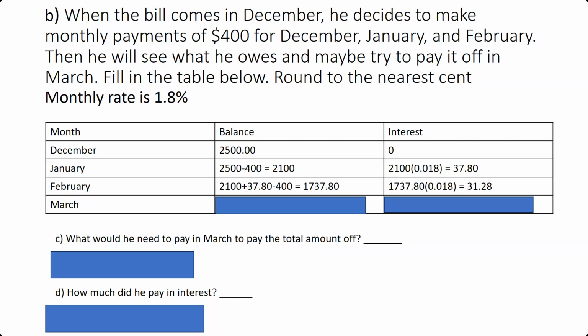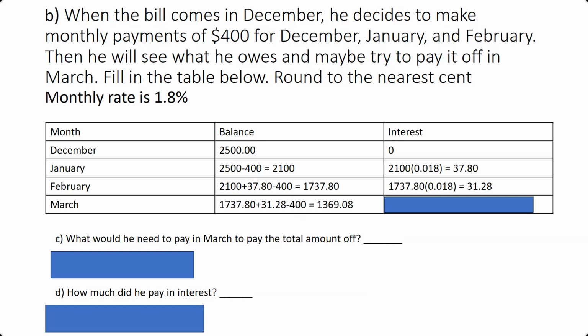So what do we get for March balance? We took our 1737.80 and added the interest and then subtracted the payment, which was $400.